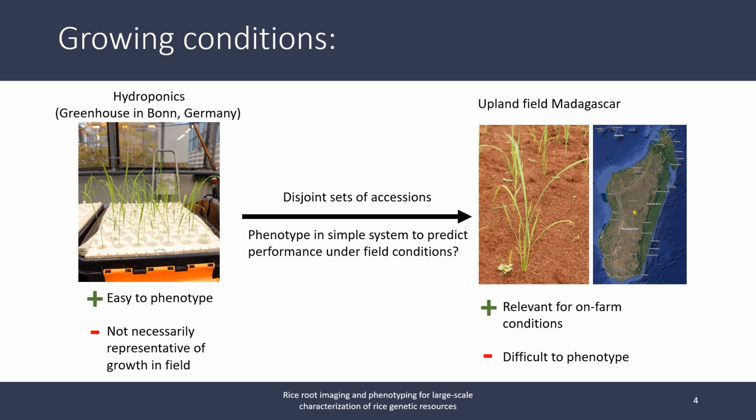While rice can be grown in hydroponics, making it easy to study the root architecture, whether phenotypes estimated for accessions under these artificial conditions are also relevant under field conditions remains elusive. We have used disjoint sets of accessions in Bonn and Madagascar to calibrate our genomic prediction model on data acquired in hydroponics under greenhouse conditions, and testing it on a smaller, independent set of accessions grown under upland field conditions in Madagascar.